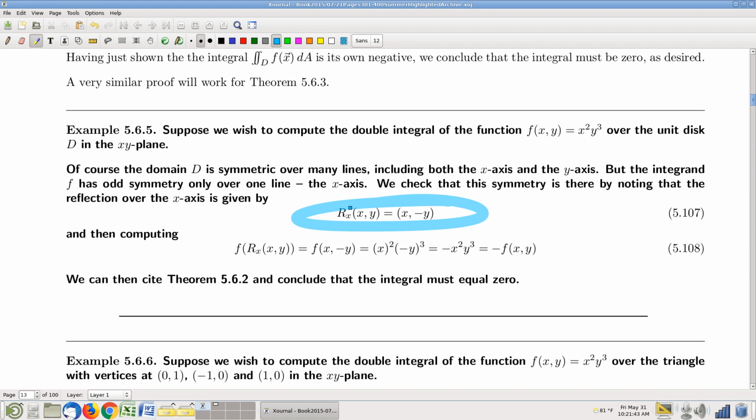And then you can go back and draw your little picture and say, I am taking points like this, and their reflections are turning into this. What am I reflecting over? And then you can see that it's the x-axis that gives that formula for reflection. Everybody see the strategy?